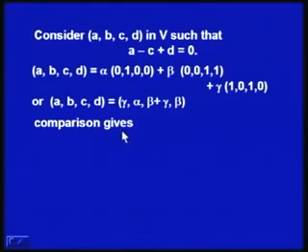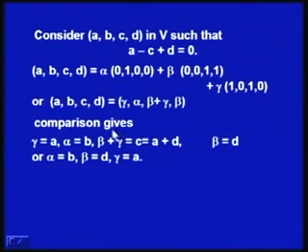Now, comparison gives gamma is equal to a, alpha is equal to b, c is equal to beta plus gamma and beta is equal to d. Now, c is also a plus d from this constraint.